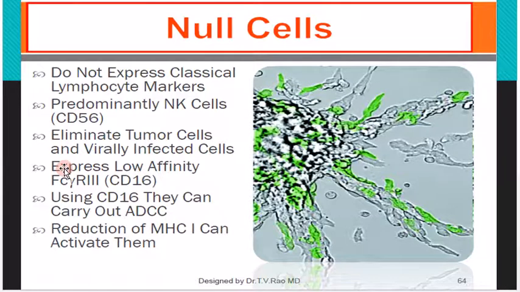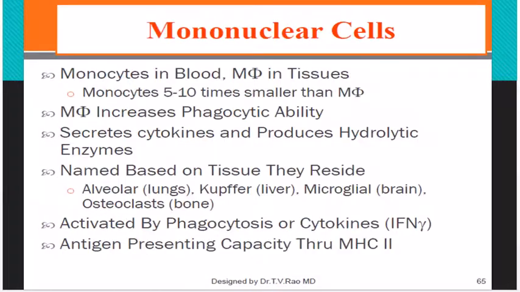In fact, this is the macrophage. We call these null cells differently, because generally we call it macrophage, but when it acts in a different place, then it is called differently. So this is also called lymphoid marker cells.